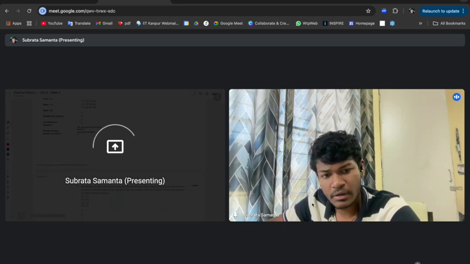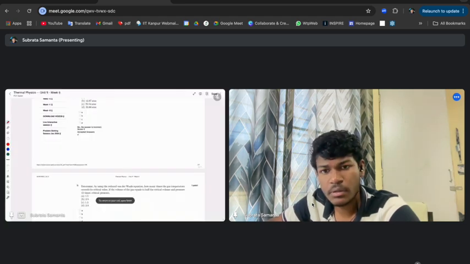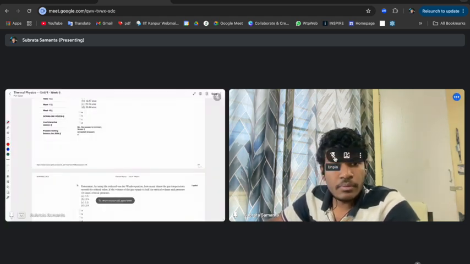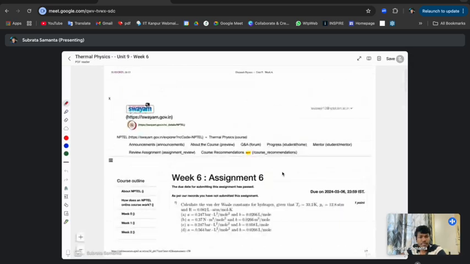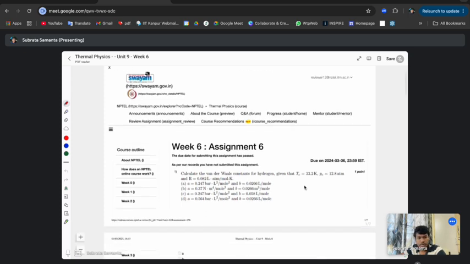I hope my screen is visible now. This is the assignment six problems, previous year's assignment problems, that I will solve. Hopefully, at the end you will be able to solve this week's assignment problems, which are very similar. Before that, if you have any questions from the previous week or any doubts, don't hesitate to ask.